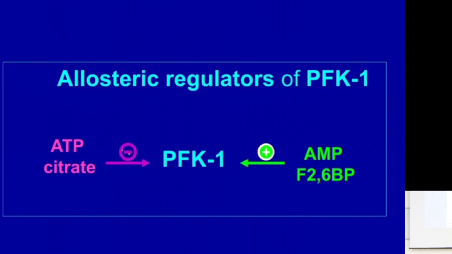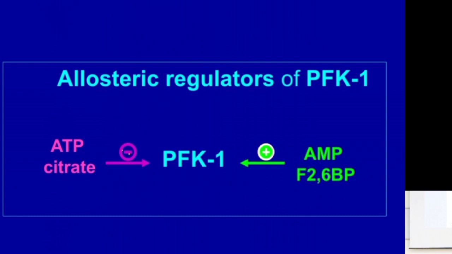The way to think of them, to kind of remember, is ATP is an indicator of a high energy status in the cell. Citrate is also an indicator of high energy status.